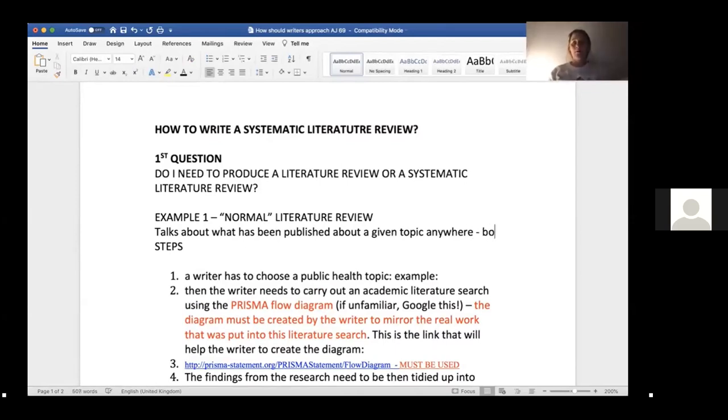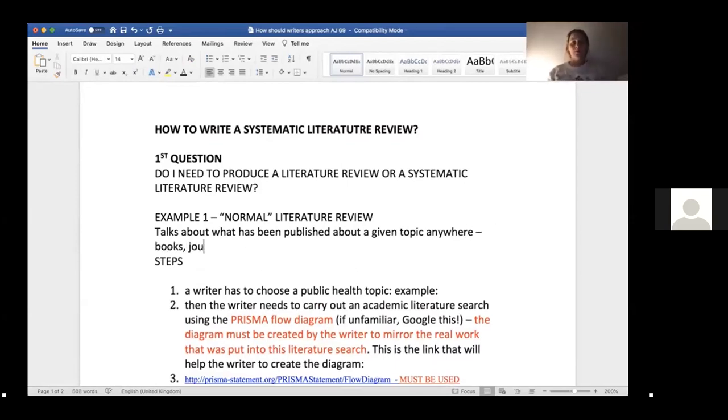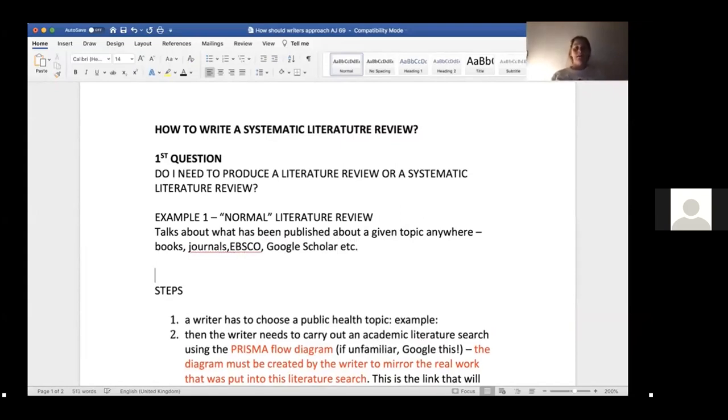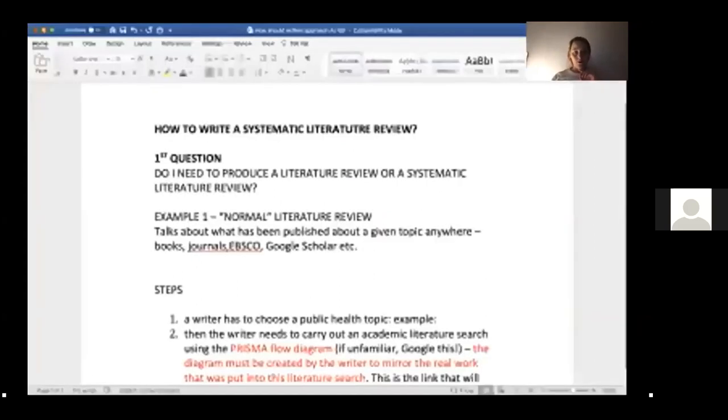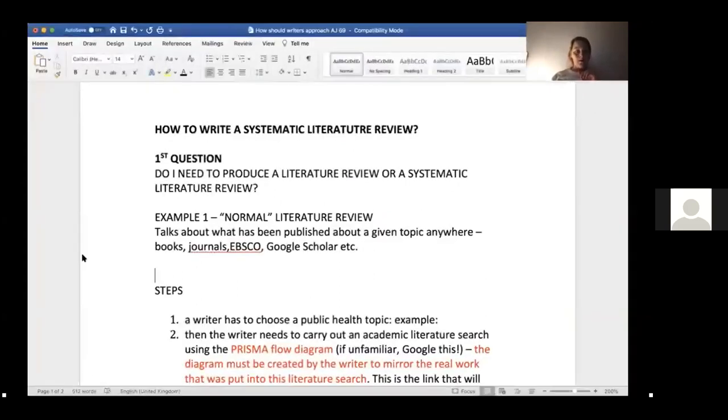That means books, journals, EBSCO, which is an online library, EBSCO, Google Scholar, etc. So let me go to one of the topics that we currently work on.